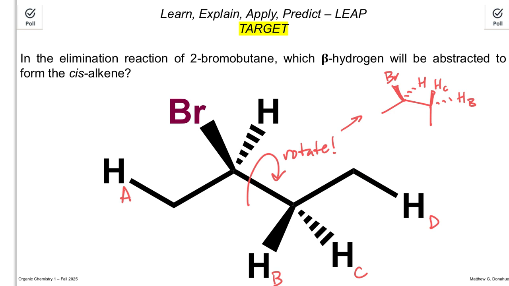So the best thing to do with these problems to understand how they proceed is to get your model kits, make the models so that you can do the bond rotations, and see what the orientation of these other groups relative to each other is, to predict whether that hydrogen is going to give you cis or trans.